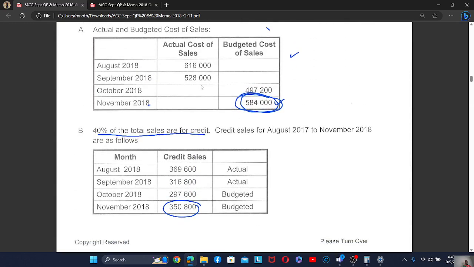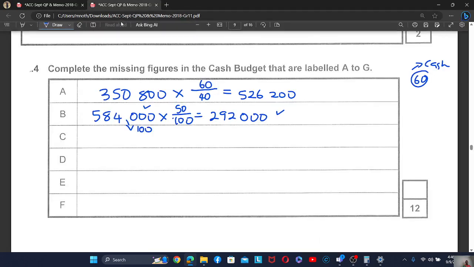We're going to use October's purchases. So we can do this in two ways. Let me just show you the first one. October, the cost of sales, they are 497,200.